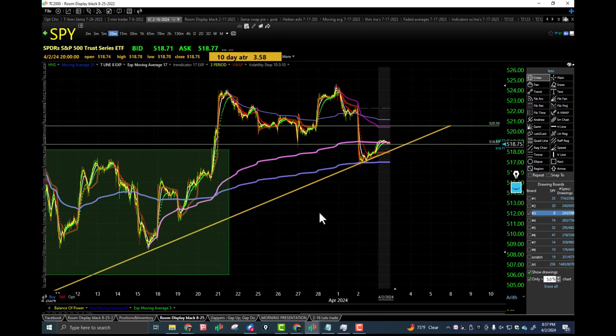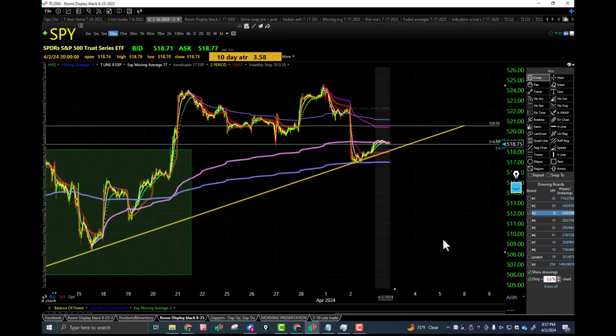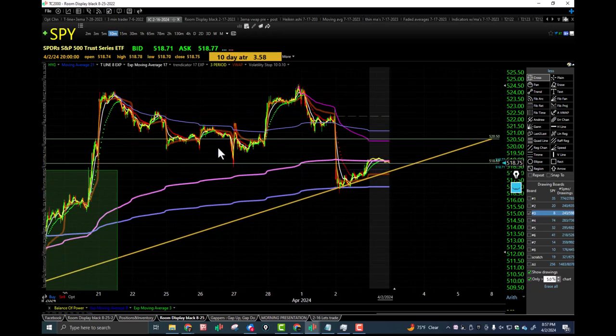So in the morning time, what I like to do is draw in all of my support and resistance because I want to know what's going on. And I look at all the different scenarios that could happen. So here, we have a possible trend there. Okay, that is a possibility, a trend going right through there.